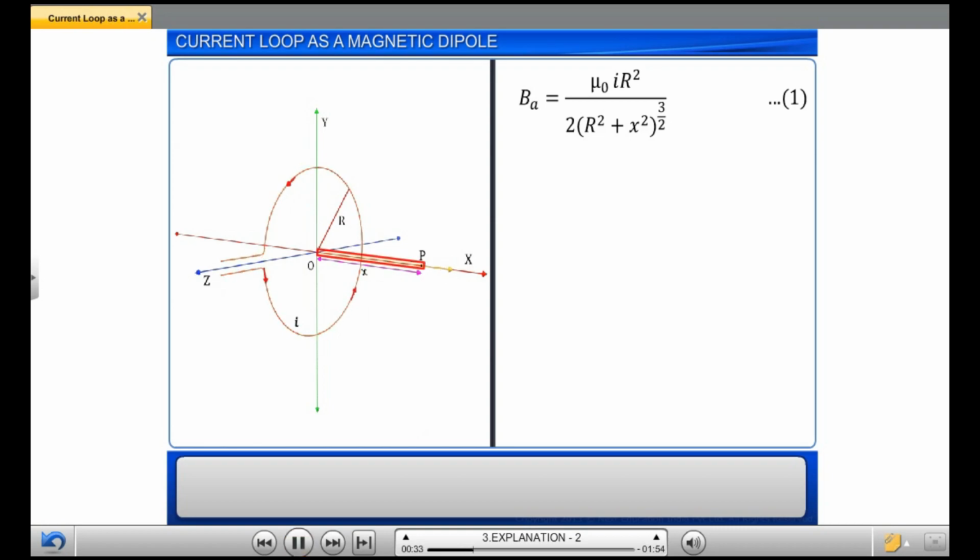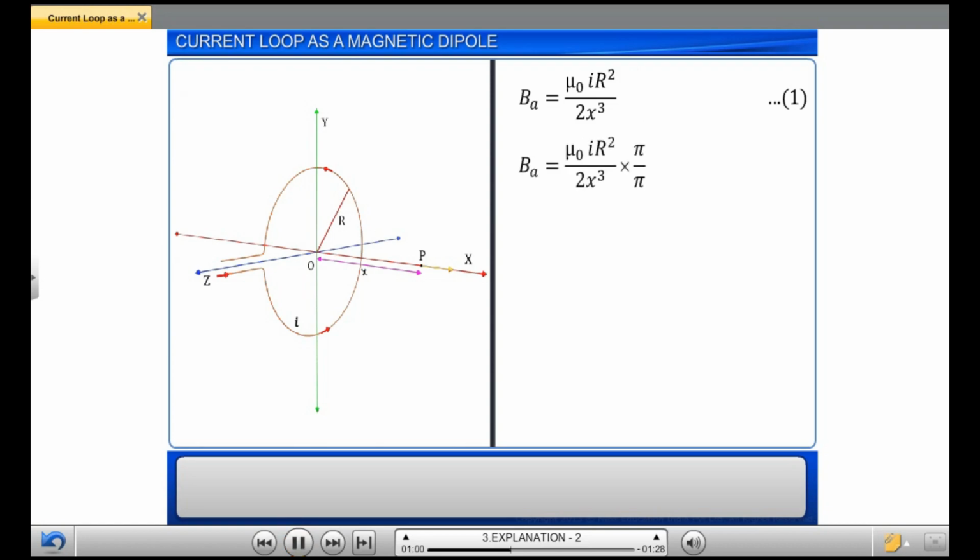When the distance from the center of the loop to the point P is far greater than the radius of the circular loop, that is, x is far greater than r, the term r square in the denominator may be neglected. Now equation 1 is transformed to BA is equal to mu naught I R square by 2x cube.